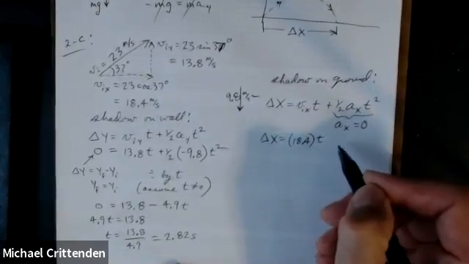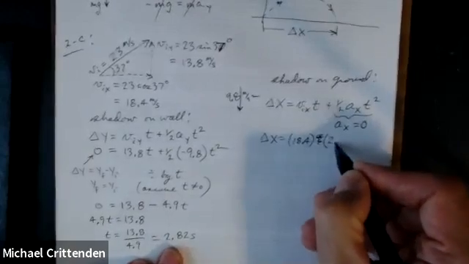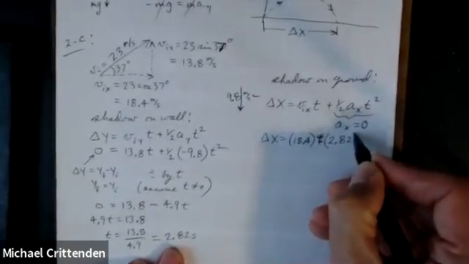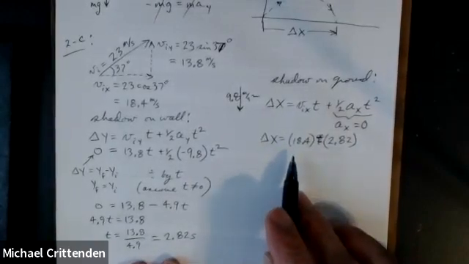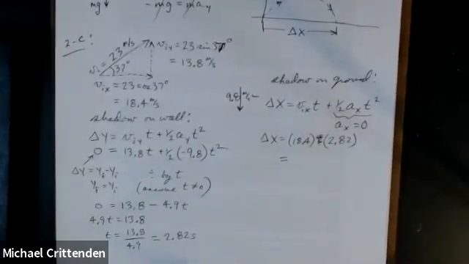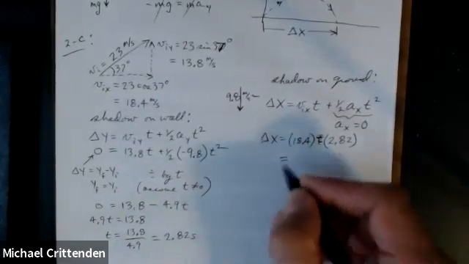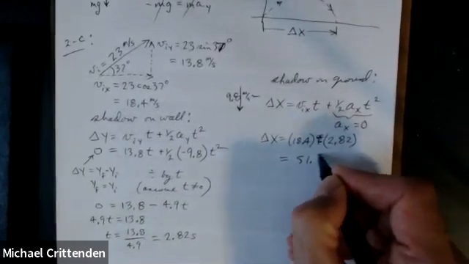Actually, let me fill in the time. 2.82 seconds. So meters per second times seconds equals meters. And the answer is 51.9.